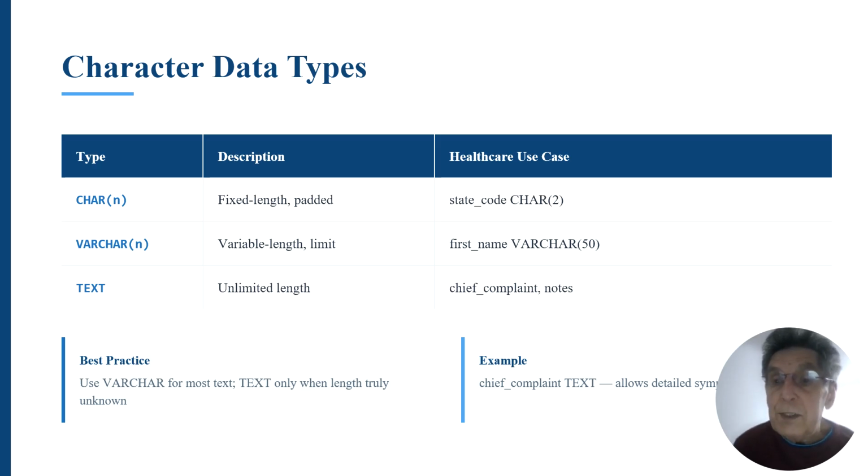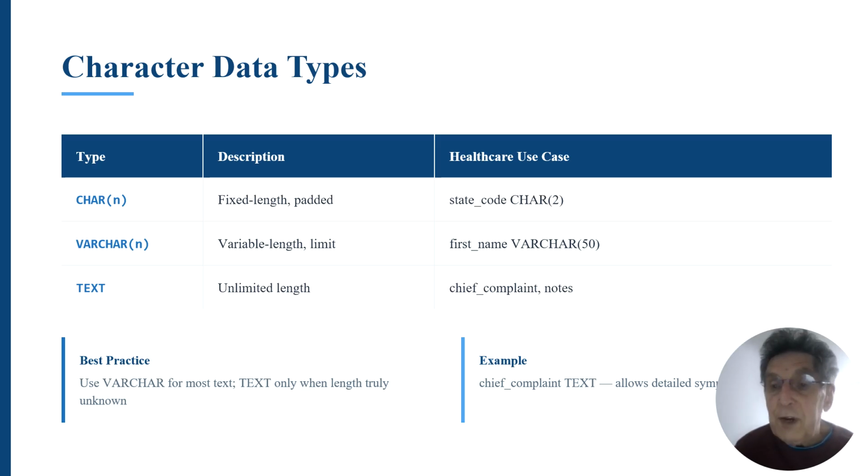Healthcare is full of text: names, addresses, clinical notes. Char of n is fixed length, right padded with spaces, so it's used when the length is always the same. For example, the state is often a char of 2, like SC, CA for California, NY for New York. Varchar of n is a variable length with a maximum size, and this is the most common text type we will employ.